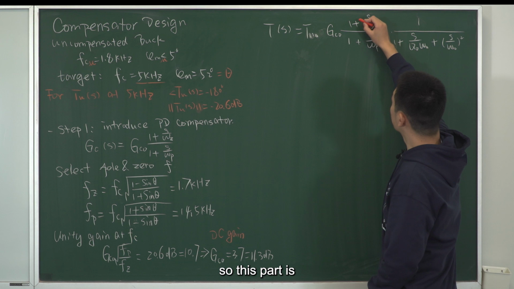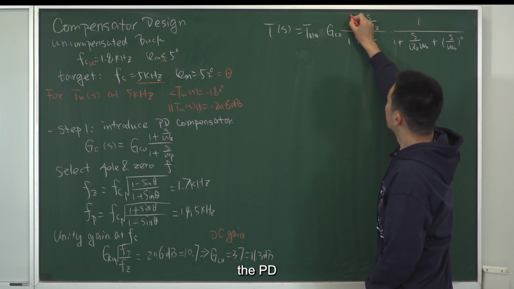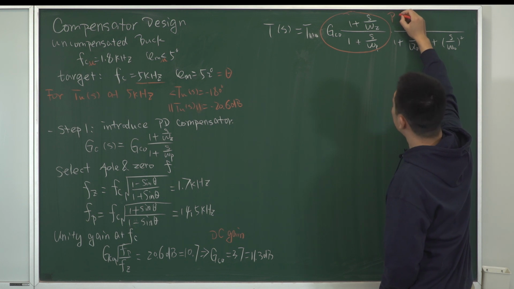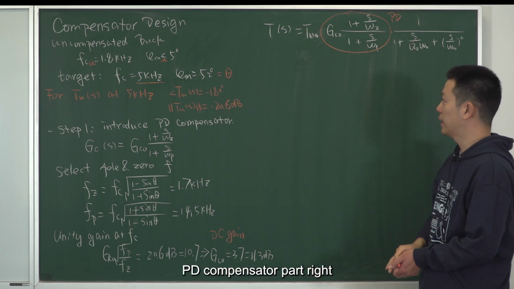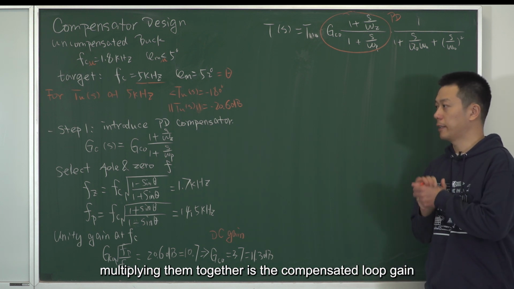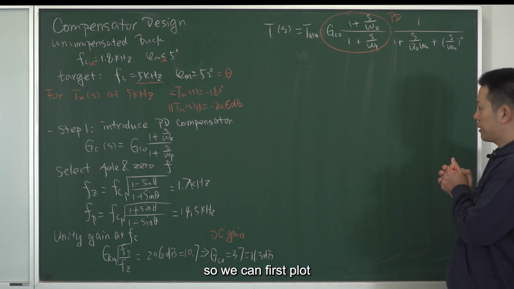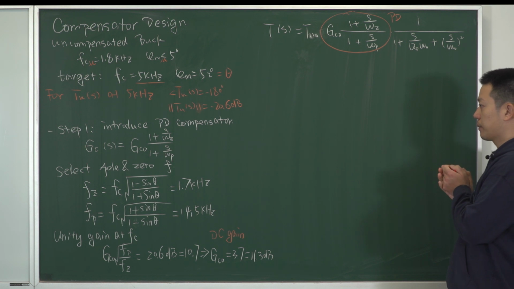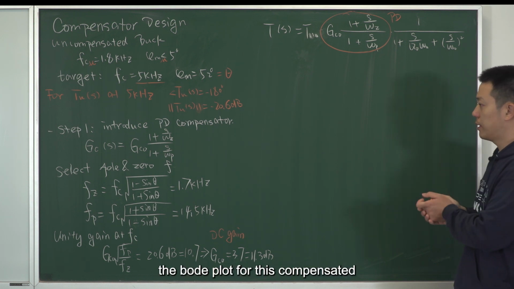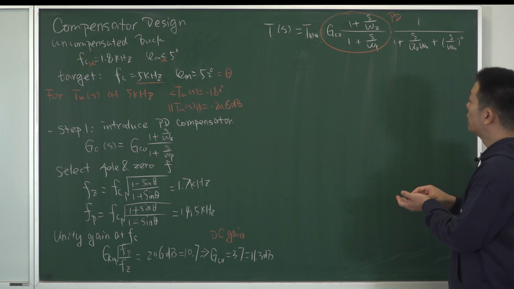This part is the PD compensator part, and multiplying them together gives the compensated loop gain. We can first plot the Bode plot for this compensated loop gain.